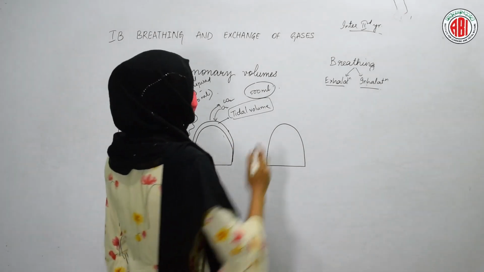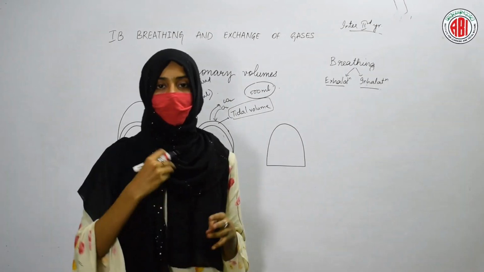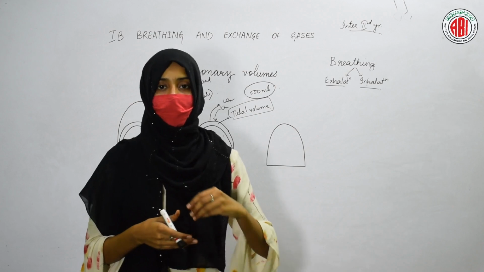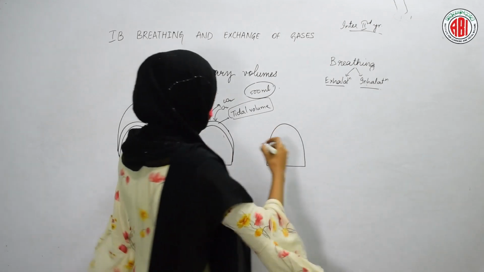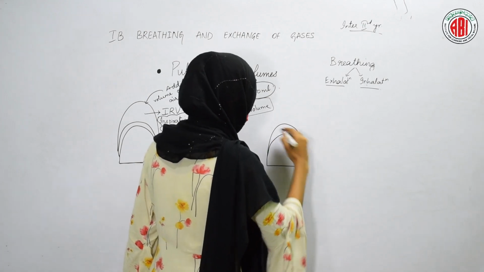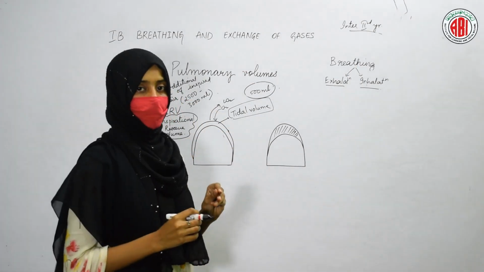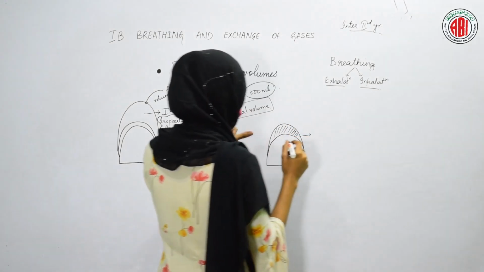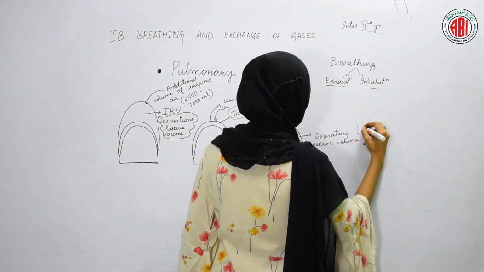That means after a normal expiration, after we exhale the tidal volume of air, if we expire more of the air that is found in our lungs, then that air which is removed by forceful expiration after a normal expiration is regarded as expiratory reserve volume, which is given as ERV.